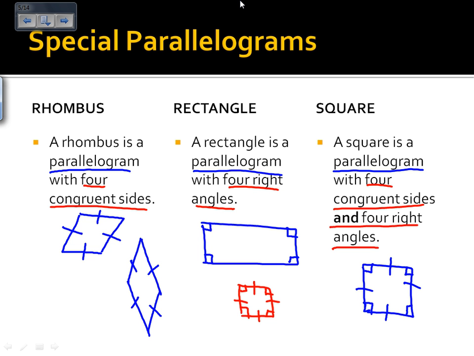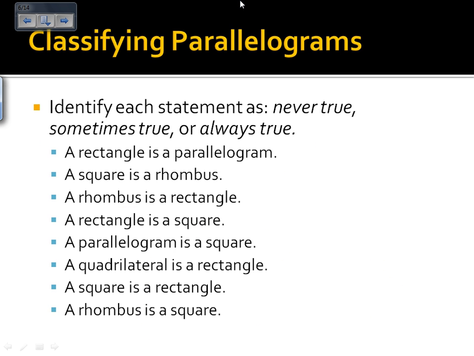Because it has 4 right angles? So do you see that this is still a rectangle? But it's also special because it is also a square. Are all rectangles squares? But can some of them be squares? So which would you say? Was it always true, sometimes true, or never true? Sometimes.